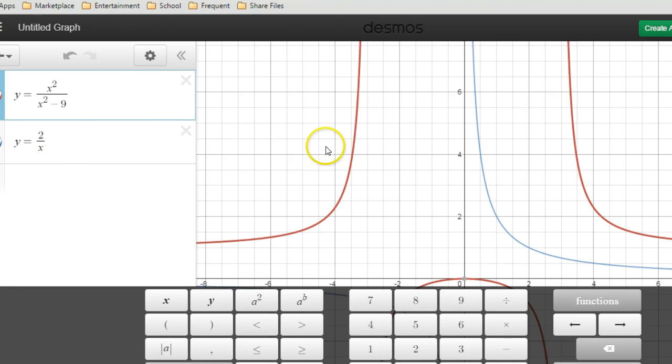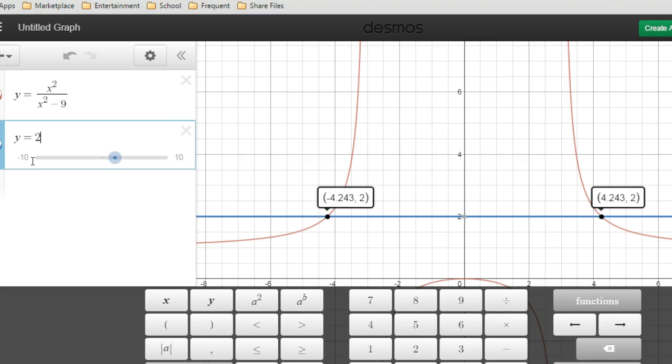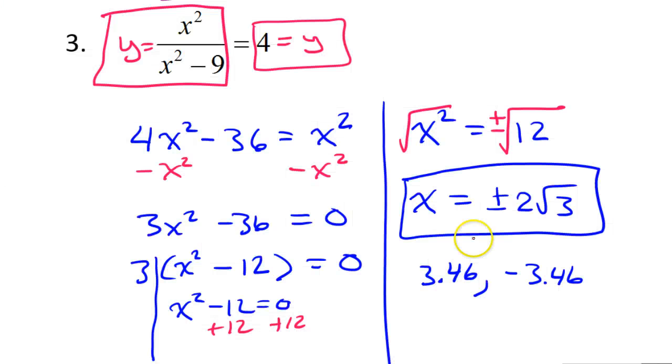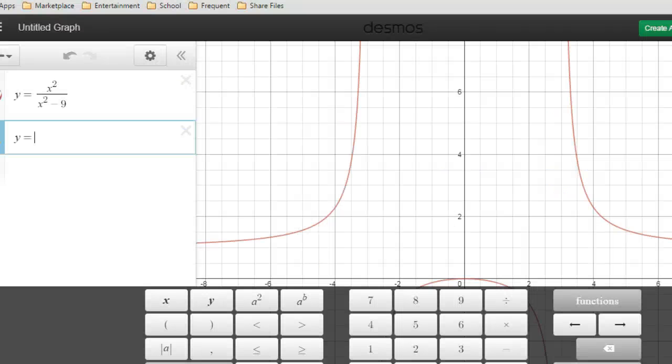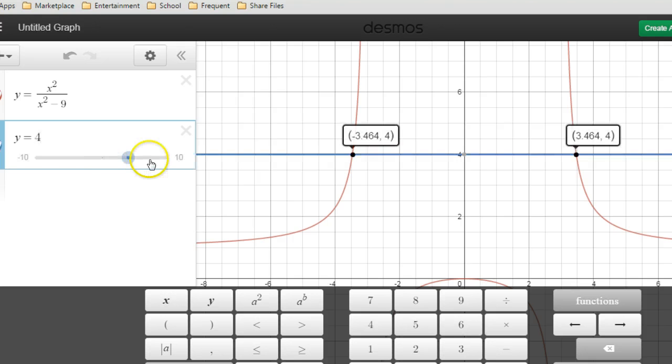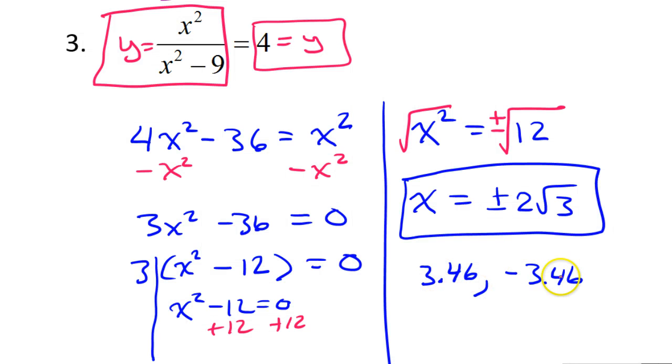All right, so my first equation is here in red. And the second equation is y equals 4. So there's a horizontal line. So immediately it's showing me the intersection of these two functions. Negative 3.46 and positive 3.46, the x values. And that's exactly what we got when we did it algebraically.